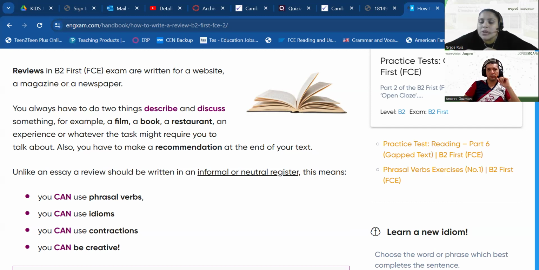Some words that are going to make you sound very eloquent are double word adjectives. For example, organization-oriented. I am very organization-oriented. This food was mouth-watering.